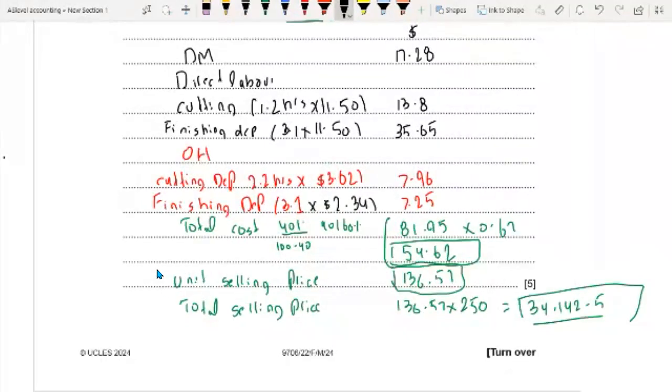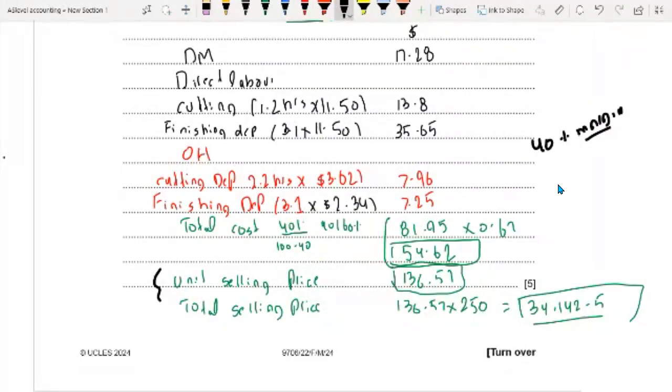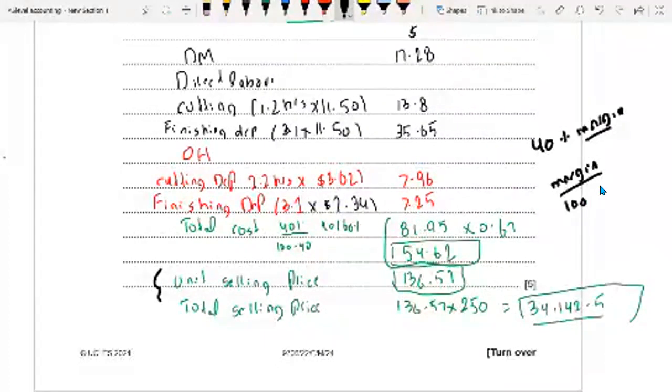But we have to find out its selling price. We have the cost. So what we have to do is, if you remember, we are charging a 40% margin, so we can convert it into a markup. What's the formula? Markup is margin over 100 minus margin.